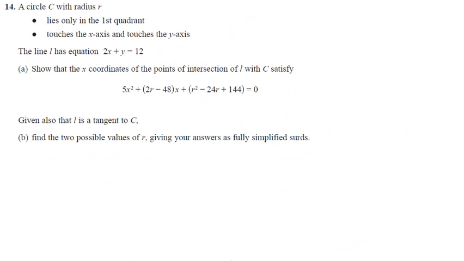Okay, this is a question that really benefits from drawing a diagram. So we've got a circle which lies in the first quadrant, and it touches the x-axis and y-axis. So if it's only in the first quadrant and it touches them, then it must mean that it's tangent to the x and y-axis.